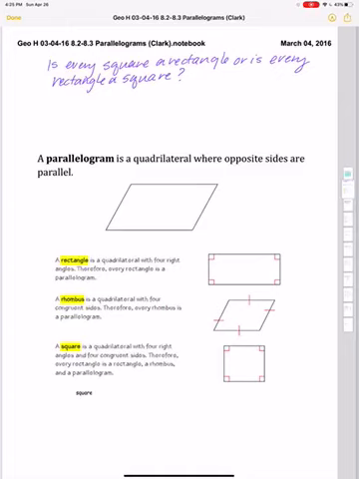All right, so is every square a rectangle, or is every rectangle a square? What did you come up with?